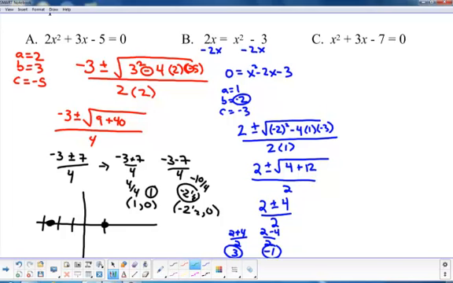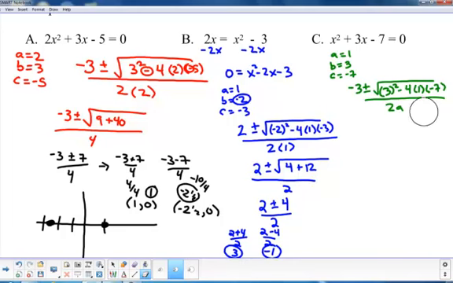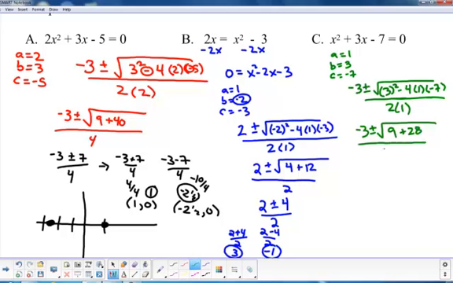And the last one over here, A is 1, B is 3, C is negative 7. So negative B plus or minus square root B squared minus 4AC divided by 2A. Whoa. Okay, so negative 3 plus or minus square root of 9, another plus, because minus a negative, and that's 28, divided by 2.